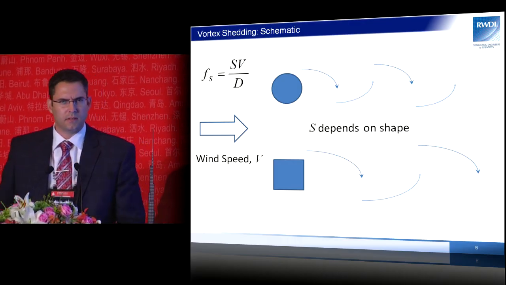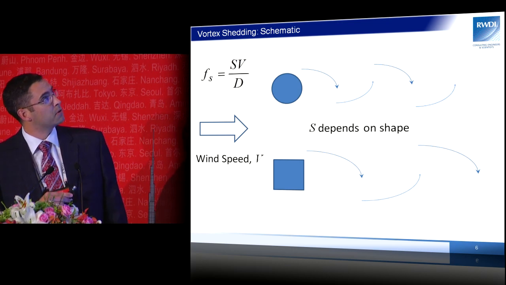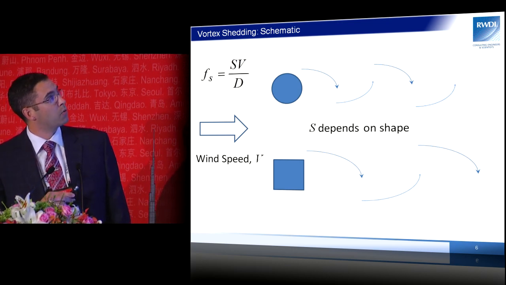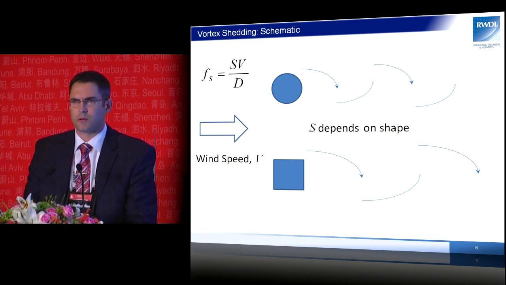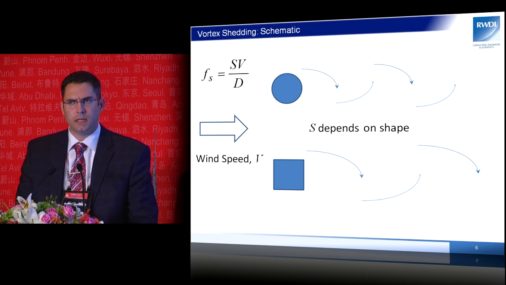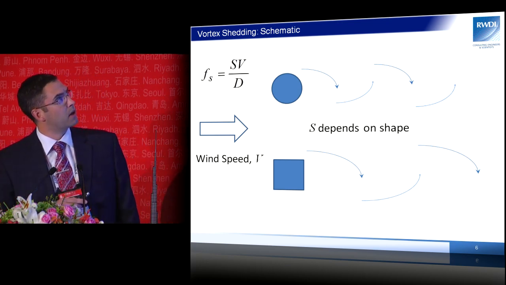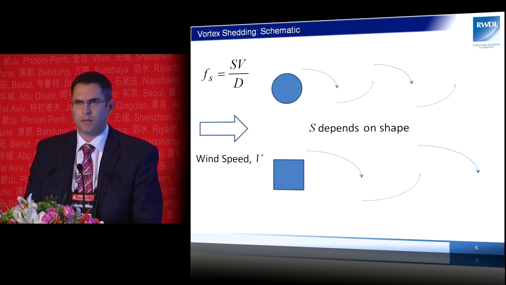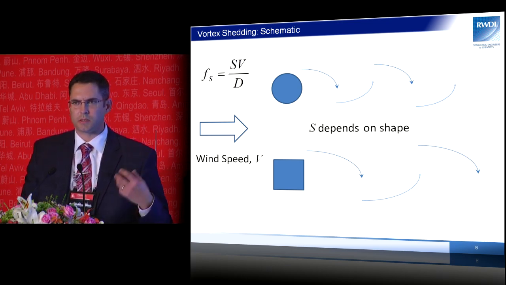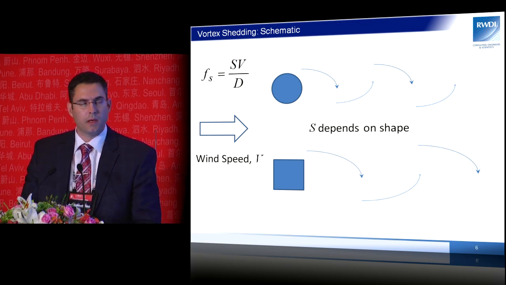It relates the frequency of the shedding to a few key parameters, or one key non-dimensional parameter, which is called a Strouhal number, and that's a shape-dependent parameter. And then it also relates it to the velocity and some crosswind dimension. And as I say, it's a shape-dependent parameter, so that implies that we have some control over it.